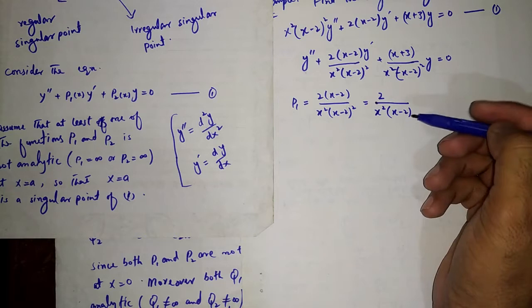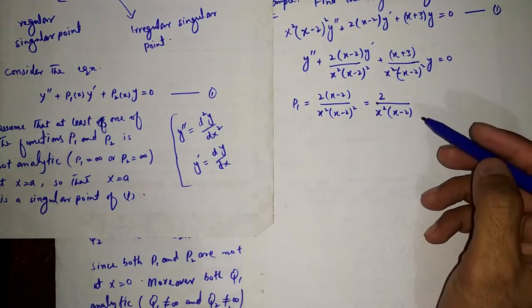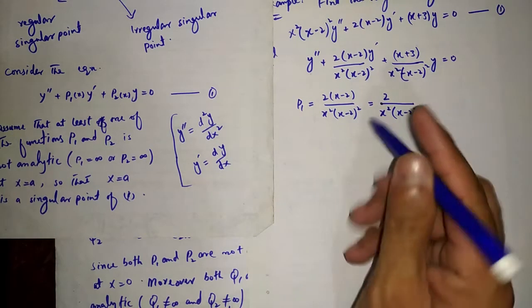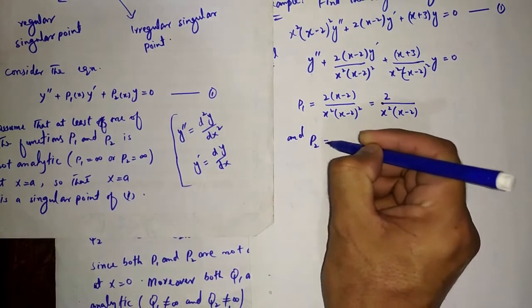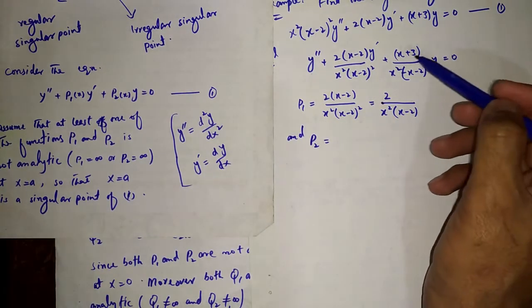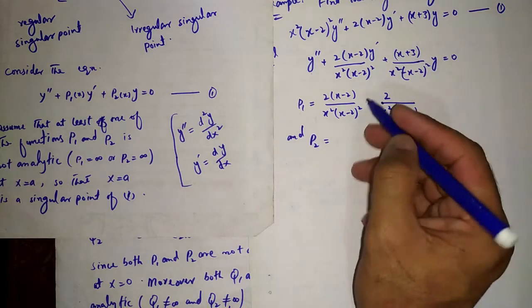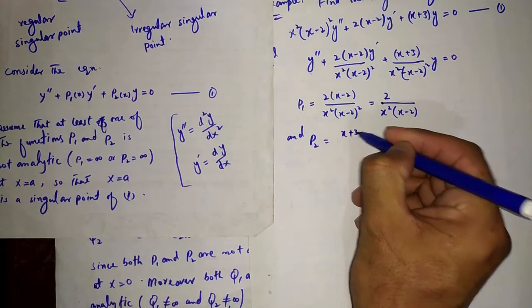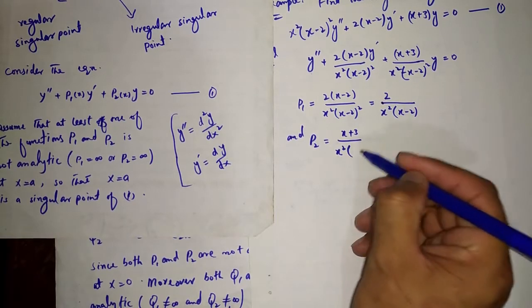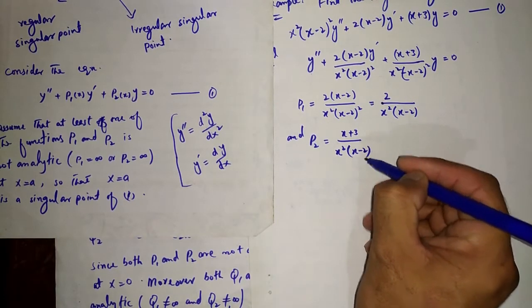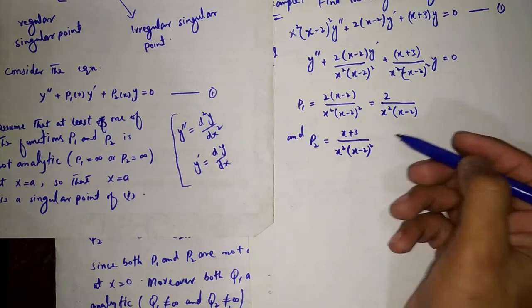Clear? So this is p1, and p2 is this term, which is x plus 3 divided by x square into x minus 2 whole square.